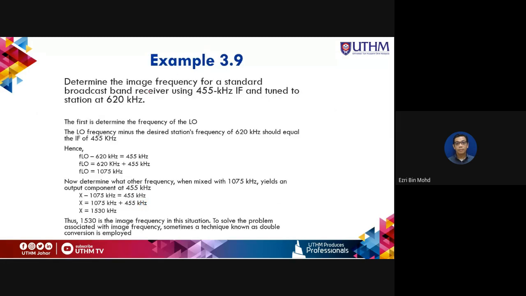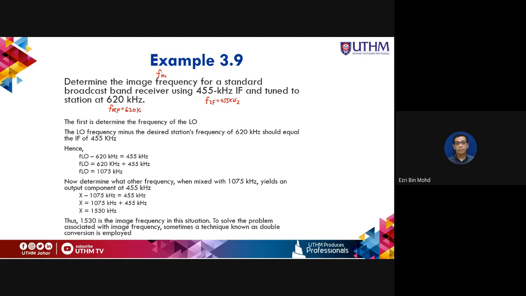Okay. So determine the image frequency FIM for a standard broadcast band receiver using FIF equal to 455 kilohertz and tuned to a station at 620 kilohertz.